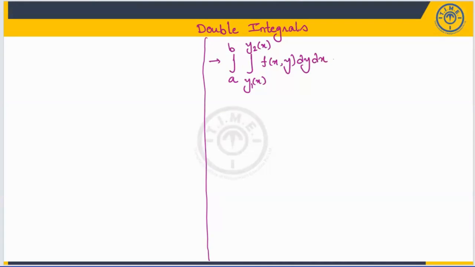That means if we have functions of x in the limits, then they are limits of y.